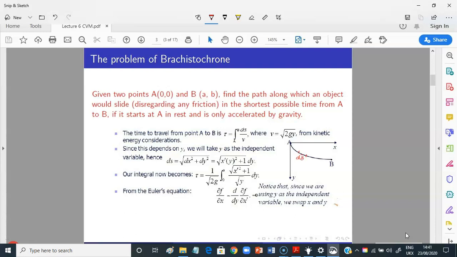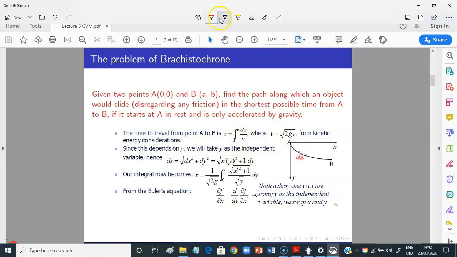Now in this situation what we can do, the time to travel this part, if this is a small straight line, is ds over velocity, and if we are traveling from point A to point B, then the whole time is given by the integral from A to B of ds over v. Now the question arises, how to simplify this further? What is the value of this ds and what will be the value of this velocity?